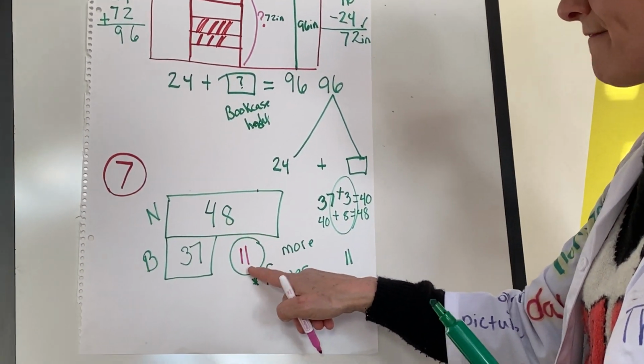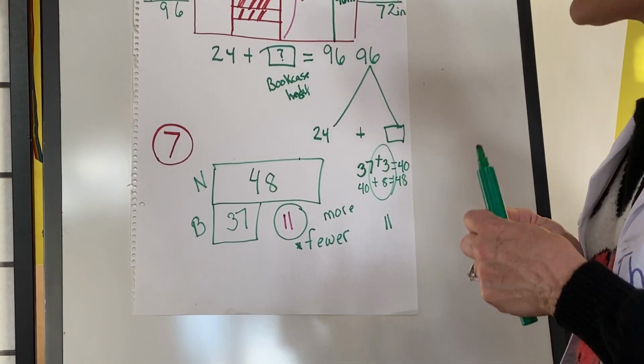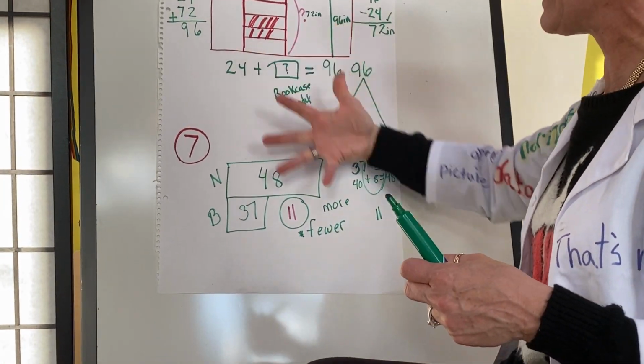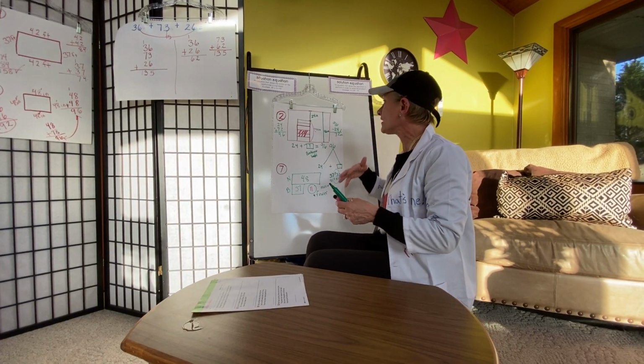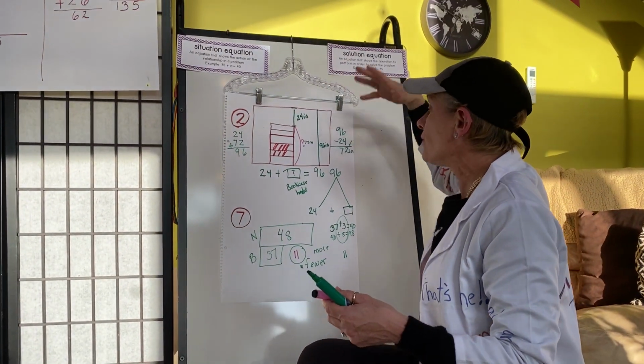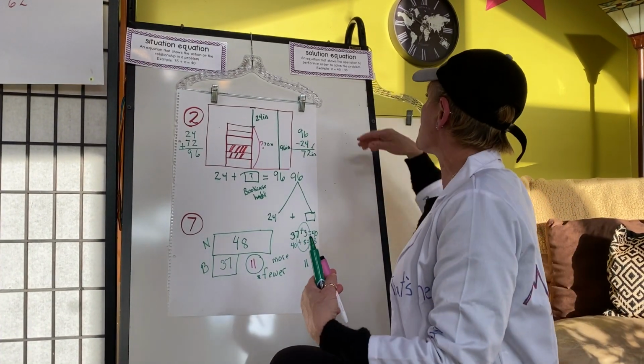Nick is 11 more. I hope that's clicking for you. These can be challenging, but we've been swimming in this deep end all year. So my mathematicians, that is you, this should start making you think, what is the method I'm going to use?